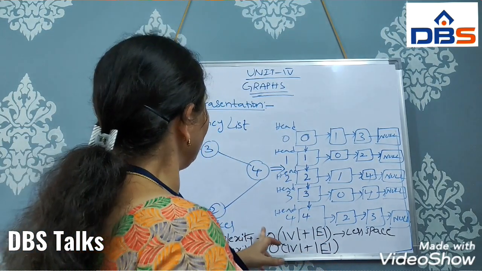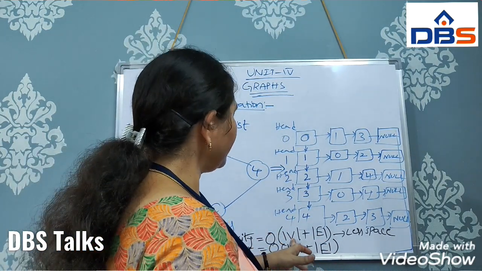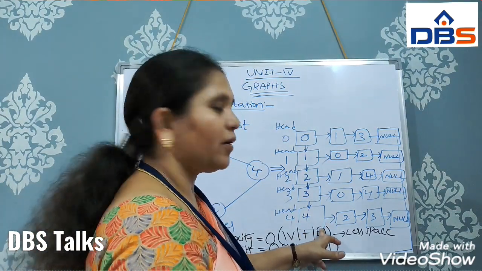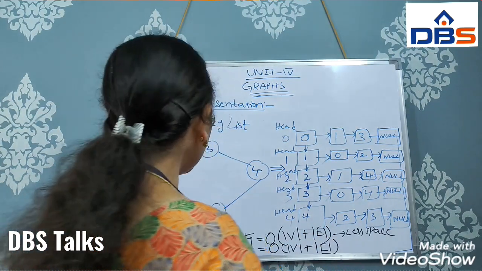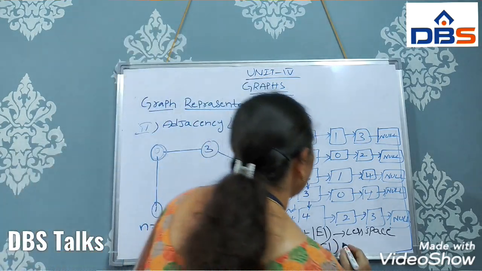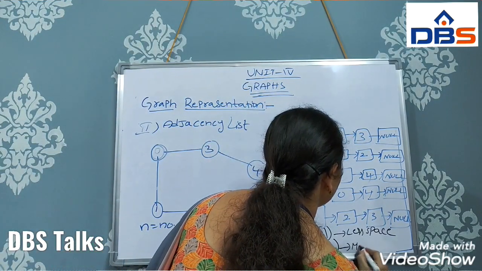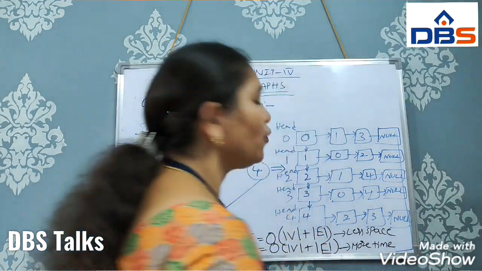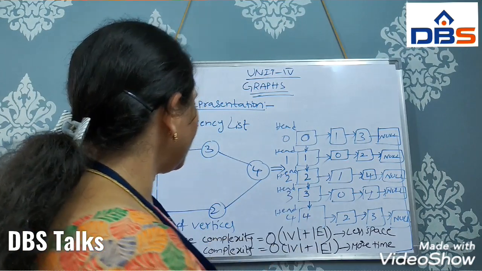It is order of number of vertices plus number of edges. Now the time complexity: here time is wasted. More time it will take.